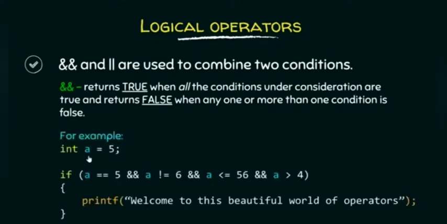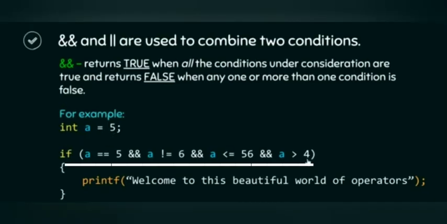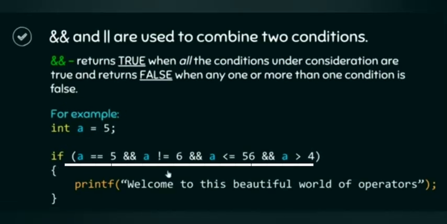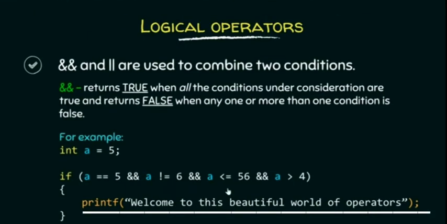For example, here you can see I have declared a variable and assigned it the value 5. Now in this expression I am going to check certain conditions. If they all are true, then only will we print this statement: Welcome to this beautiful world of operators.